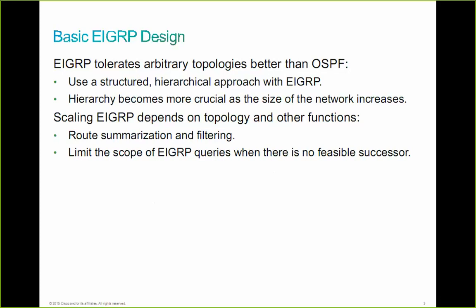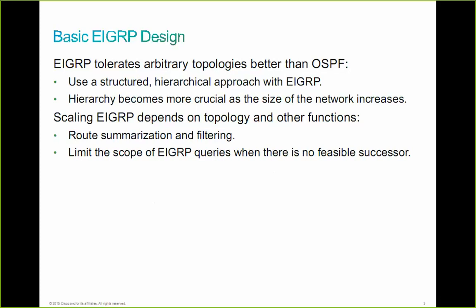The downside, though, is as the size of the network increases, the stability of the network can become more difficult to manage, right? And that's primarily because of what? What's the nature of the protocol, right? It is a distance vector protocol, right?